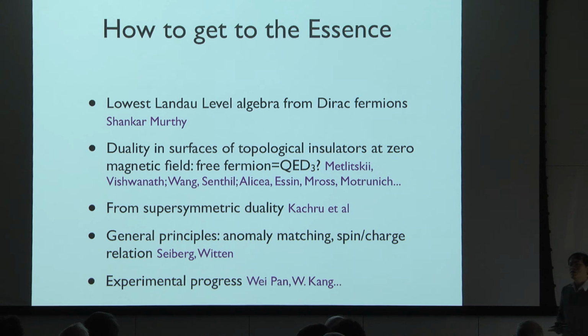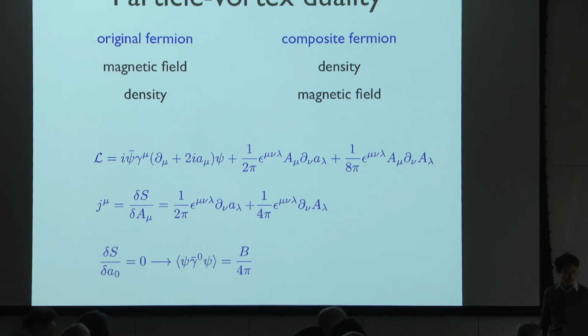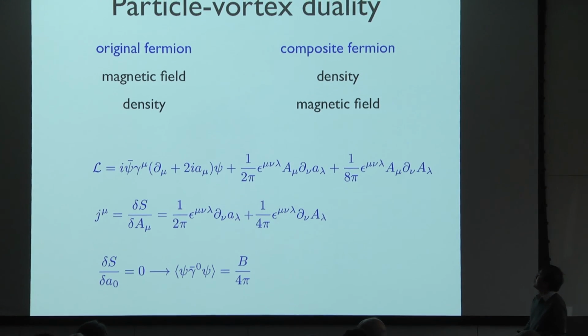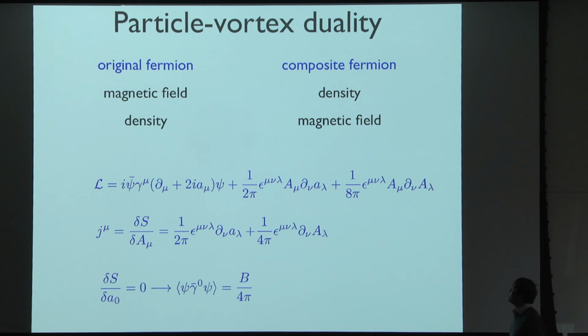I think my question was the same as Nati's, because this duality refers to just a single two-component Dirac fermion, right? That has a parity anomaly, so you have to add something like k equal to 1/2. I can tell you a lot of confusion about that.